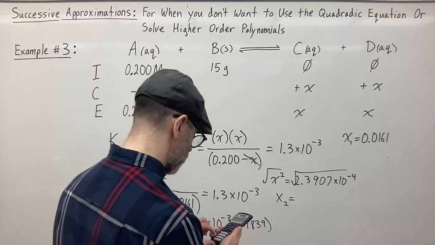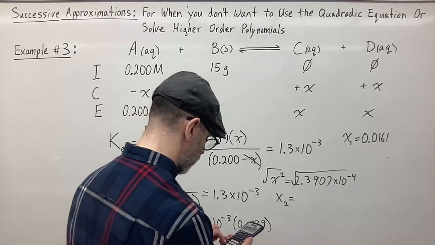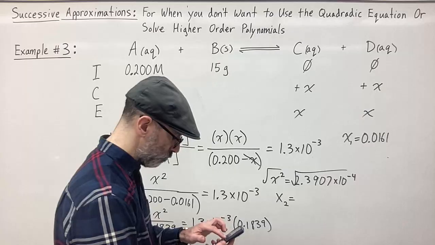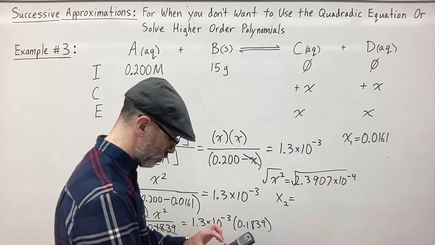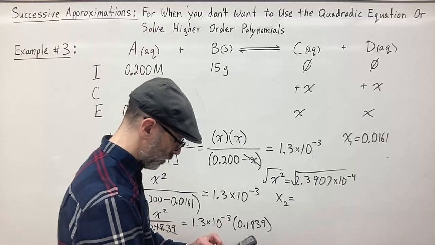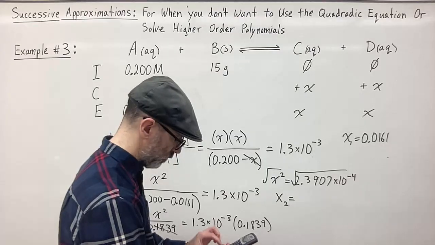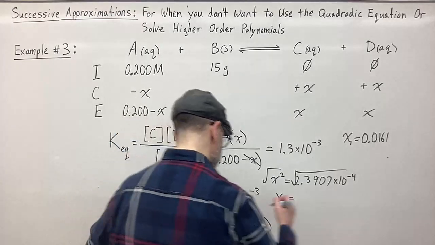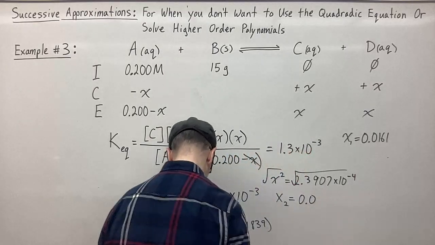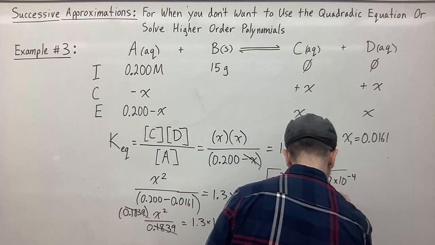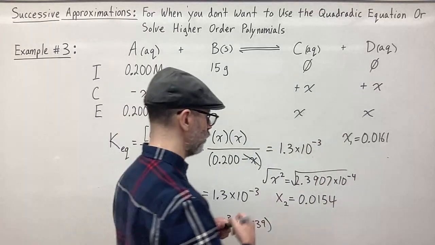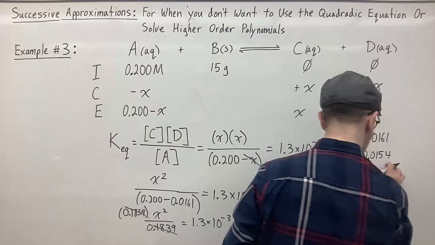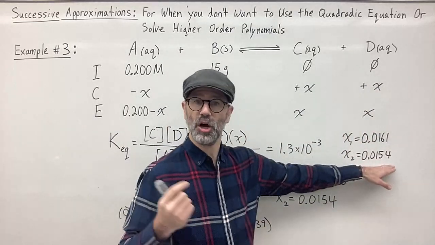The square root of 2.3907 times 10 to the negative 4 equals, and I get 0.0154. Okay, so that's my second x value. We'll write that here. So x2 is equal to 0.0154. Again, I'm keeping an extra digit to avoid rounding.